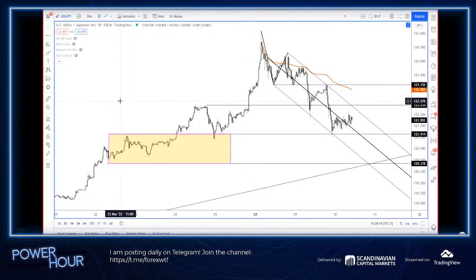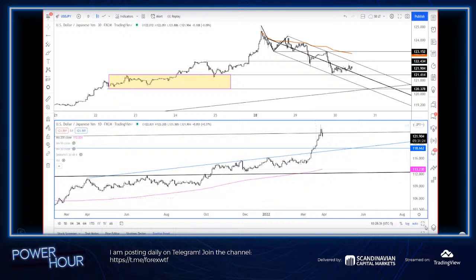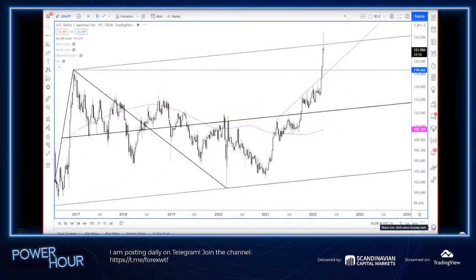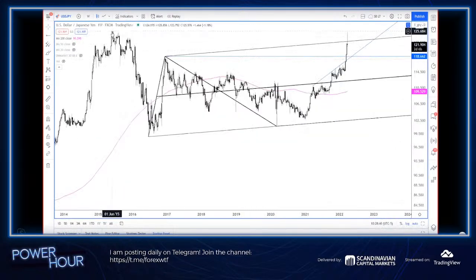You're not trying to be the smartest guy around, but I'm sorry, when you had, on a Monday, a move to 125 and change, and you just look across the chart, it looks like a pretty big level for resistance to me in dollar yen.